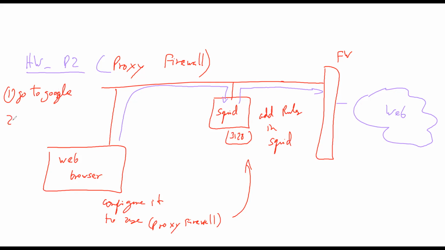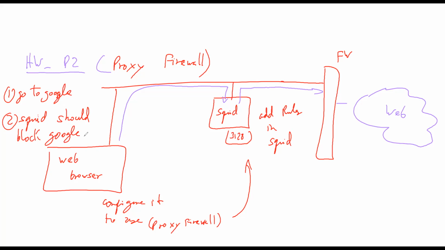And then once you activate the rule, Squid should block Google. And that's it. That's a proxy firewall, and it's as simple as that. That's all really we need to do to understand this concept.